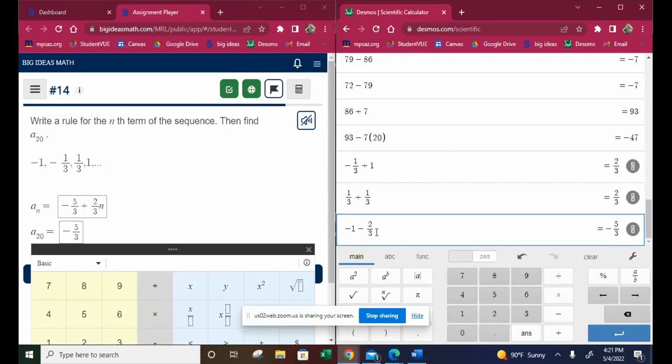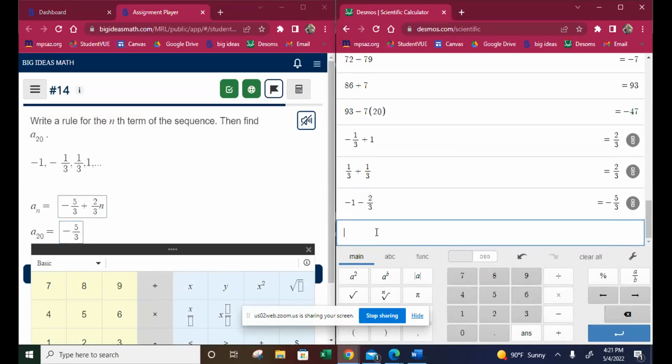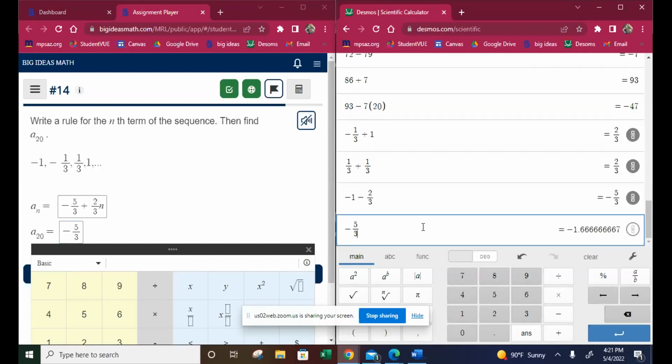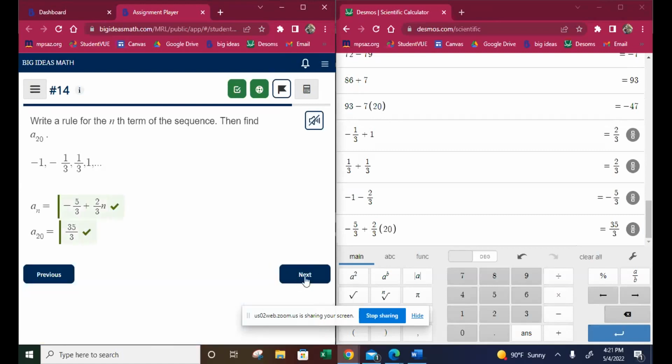I was going too fast. So convert that to a fraction. Yeah, there you go. That'll give you the one that you're looking for. Cool.